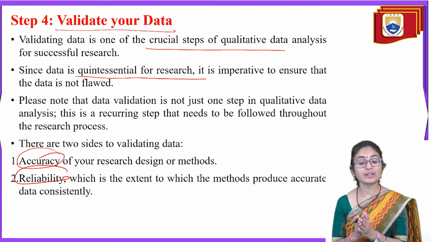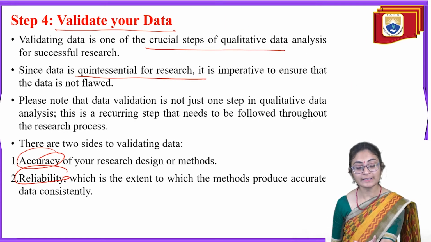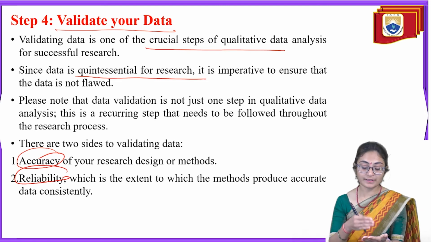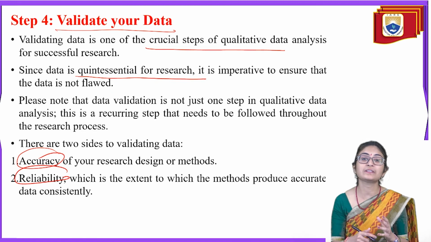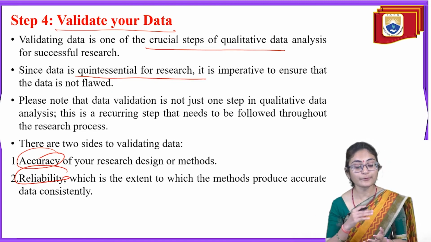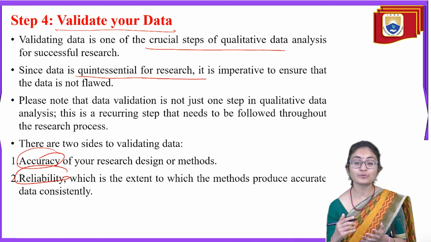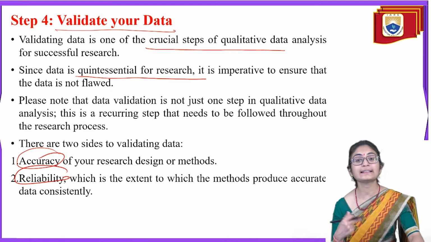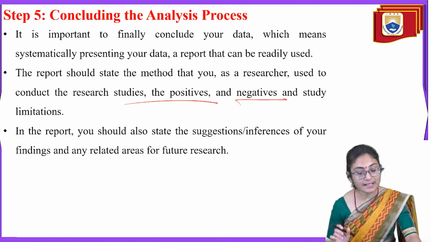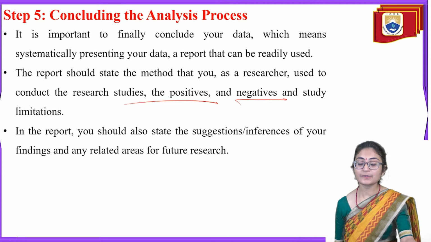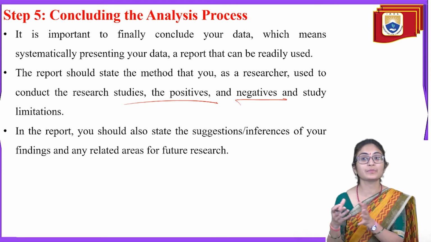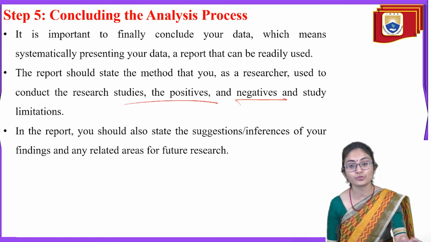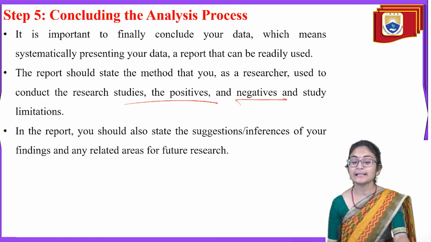Then we check the validity of the data, that means we have to find out whether the data is valid or not, and on that basis we will get the result. And for that data we have to check for accuracy and then reliability. And the last one is concluding the analysis process, and this process will give some results and some conclusion on the basis of our data.